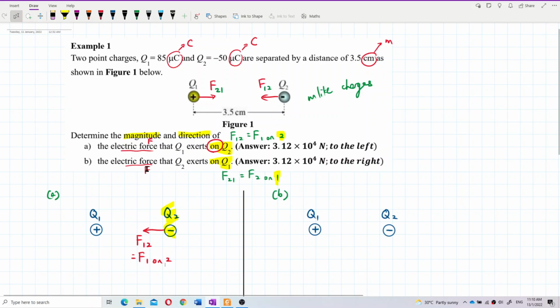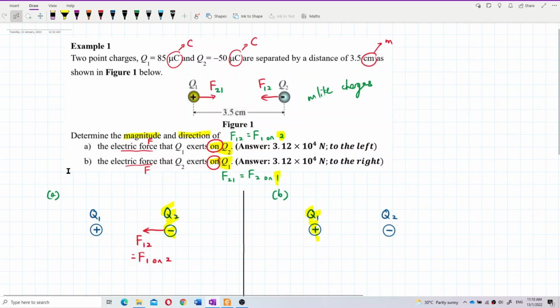This force. For question B it is F2 on 1. On who? On 1. So he refers to charge 1, which is this force F21. So let's draw it.